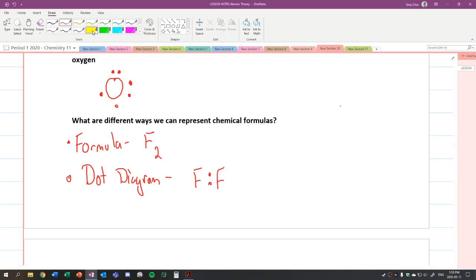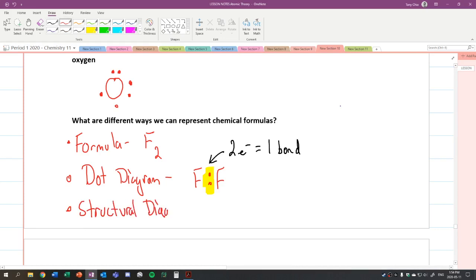Remember, 2 electrons is a bond. And then last but not least, we also have the structural diagram. This is where we replace the dots with dashes to show bonds. So these are examples of what we have for representing chemical formulas.